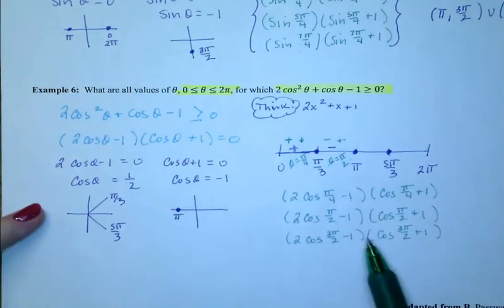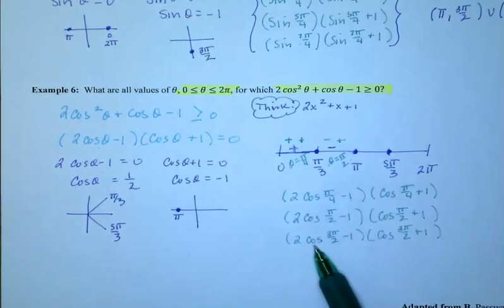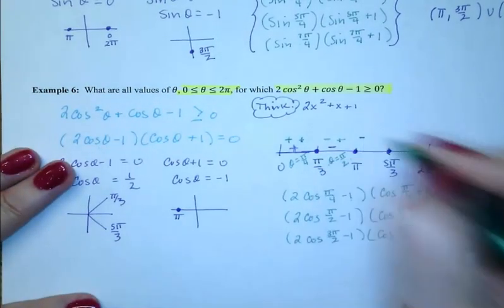Cosine of 3 pi over 2 is there on the quadrantal axis, and cosine is the stay put number, doesn't drop down or up. So that's going to make this 0 times 2, which would give me 0, minus 1, which is going to give me a negative number.